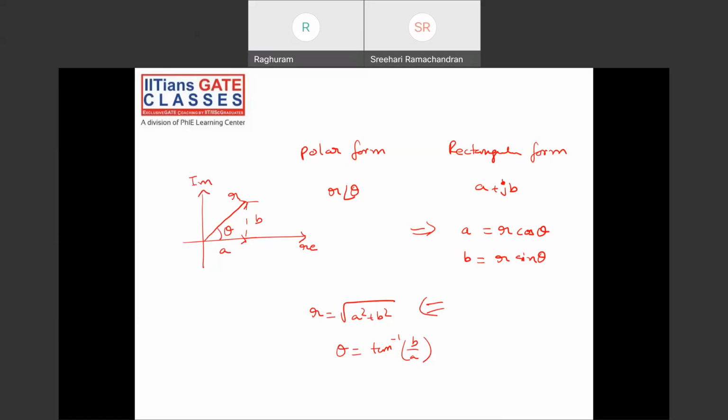This is how you convert from polar to rectangular and rectangular to polar form. R at an angle theta is A plus jB.